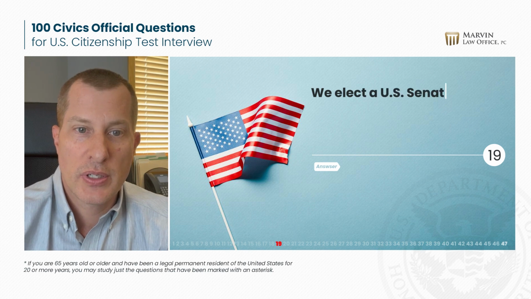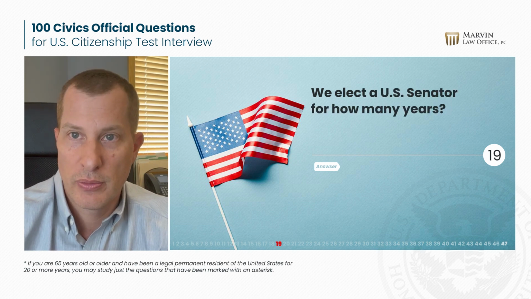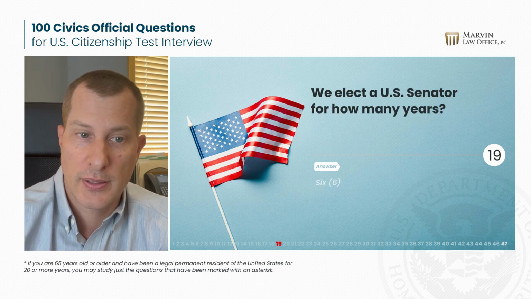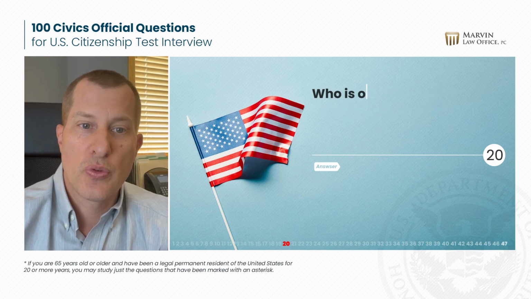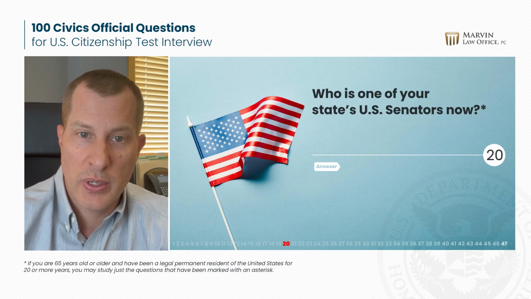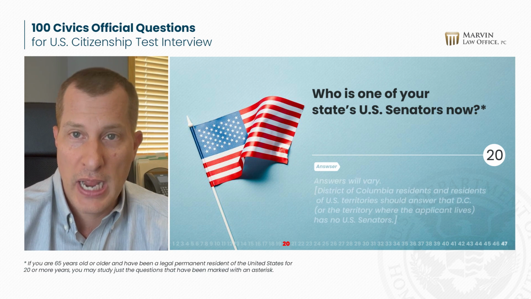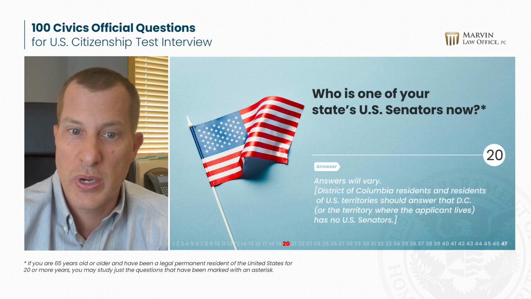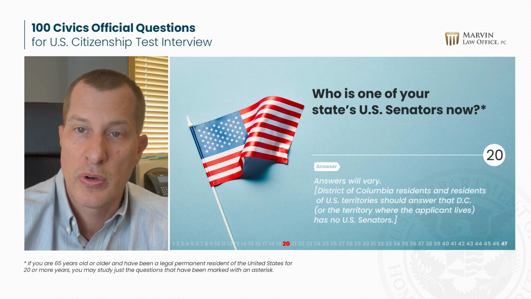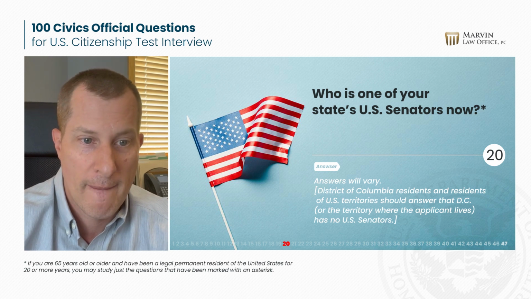We elect U.S. senators for how many years? 6. Who is one of your state's U.S. senators now? Again, you need to look this up yourself, and you need to go over it and make sure that you know the answer to that question.